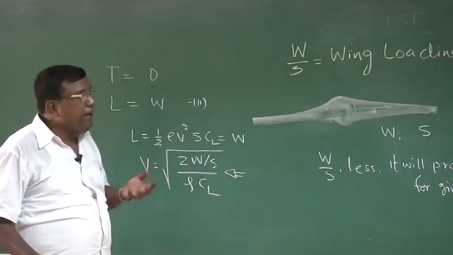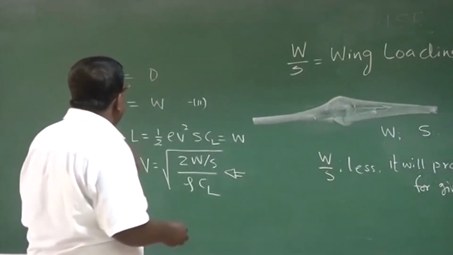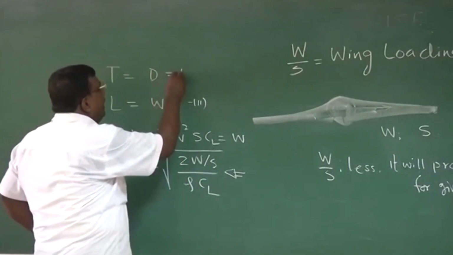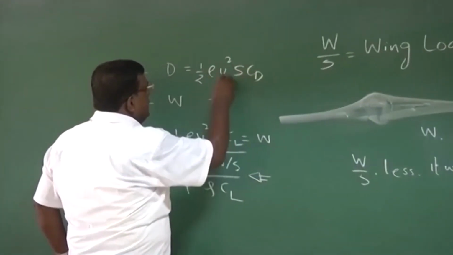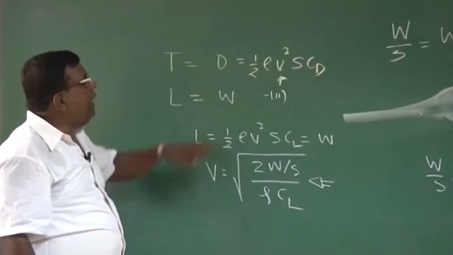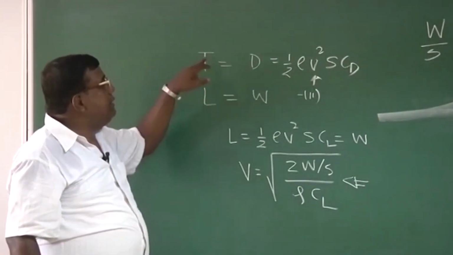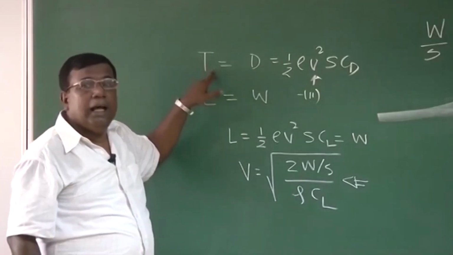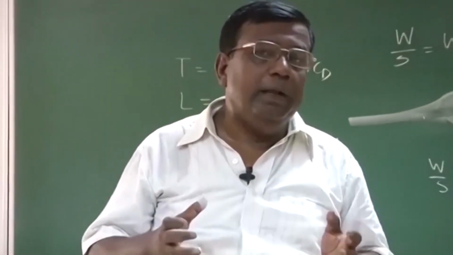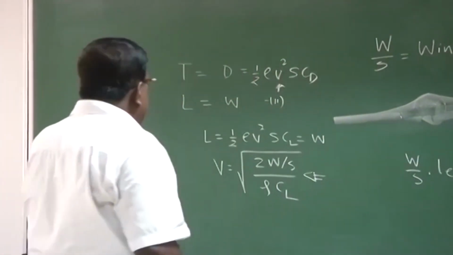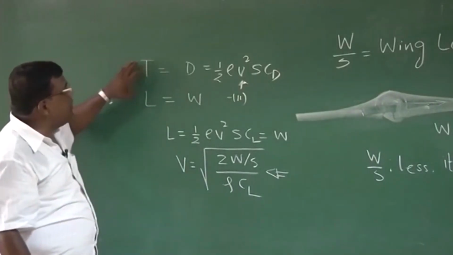So what is the implication of that? If velocity is less, then the drag, from this equation half rho V square S CD, experienced by the airplane will be less. In turn, the thrust required also will be less, and the engine size will be less, and the weight also will be less. This is a very important parameter, and we must always try to see these two equations together.